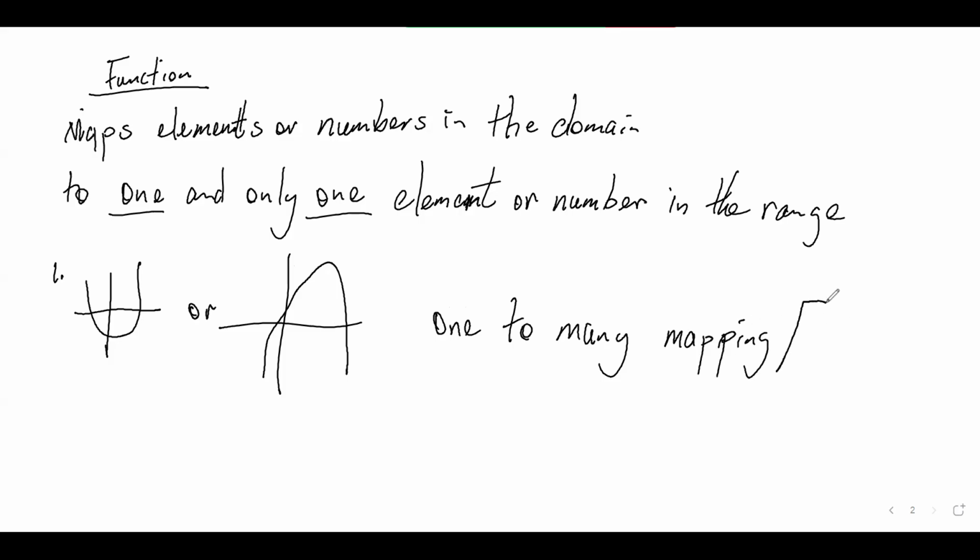Is one-to-many mapping a function or not? Sorry, this is wrong. This is a many-to-one mapping. Is it a function or not? Somebody? Many-to-one. This is a function. Correct.